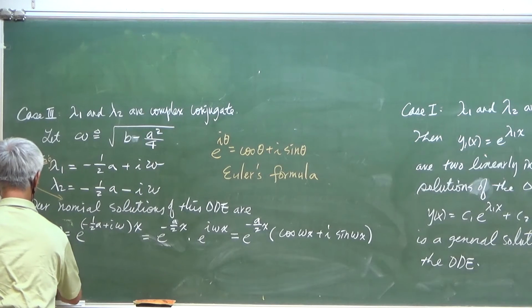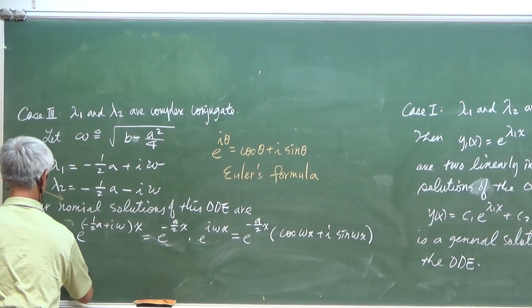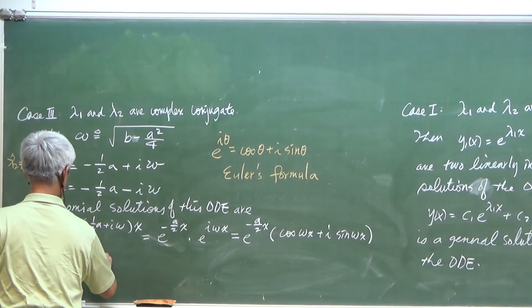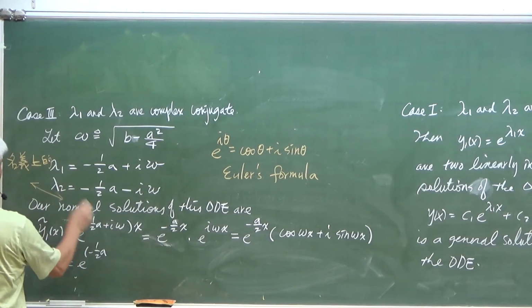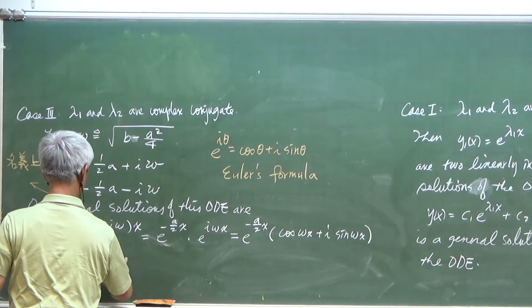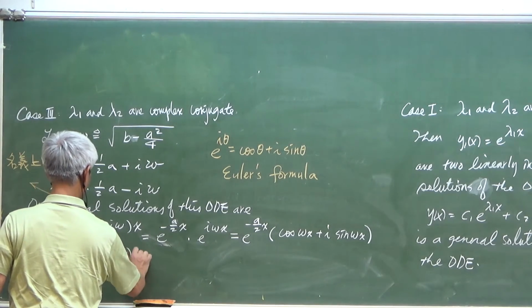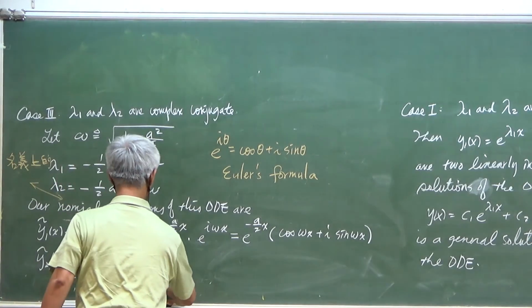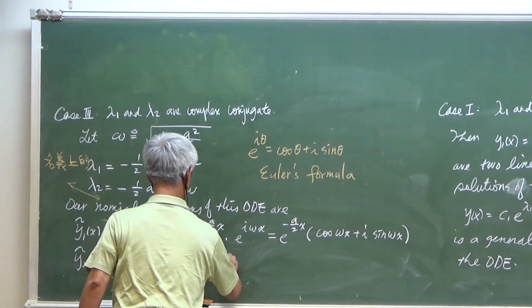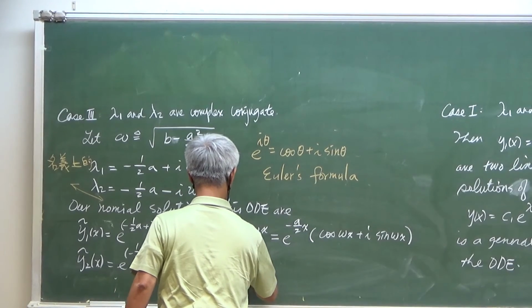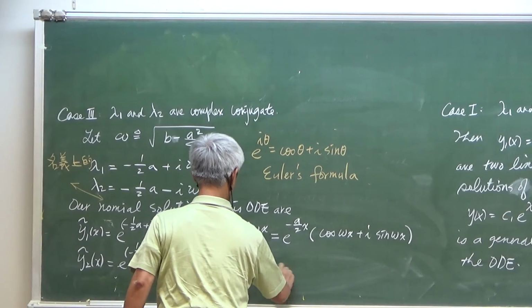The other nominal solution is lambda 2 x, so it's e to the minus i omega x.